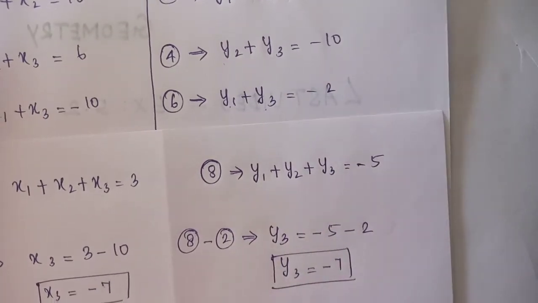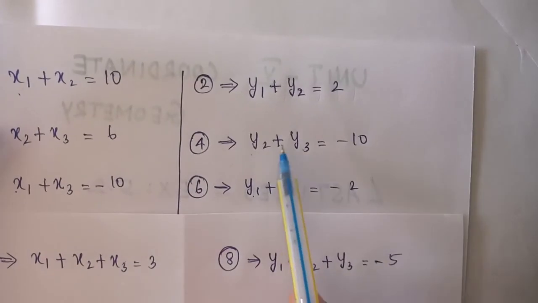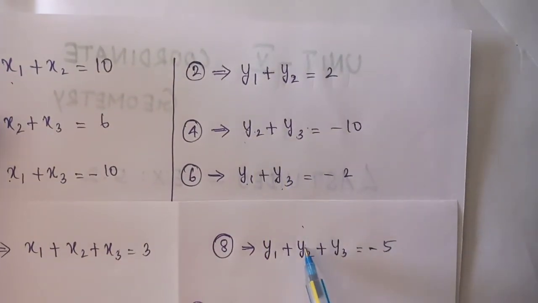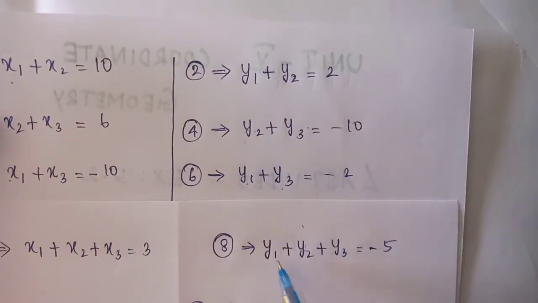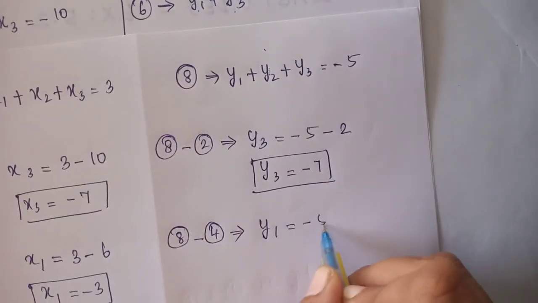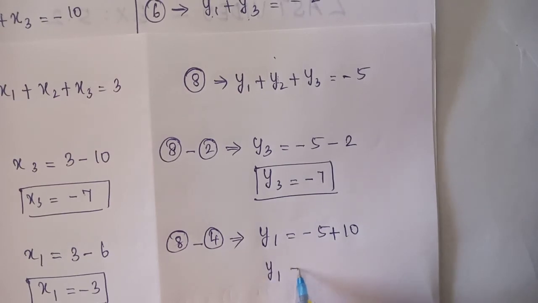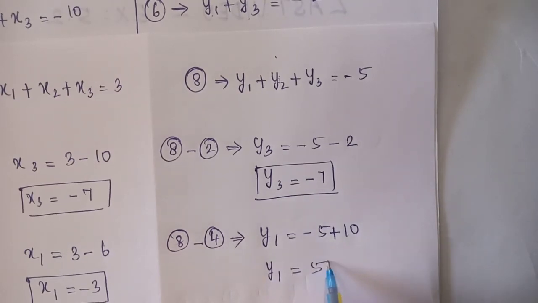Then equation 8 minus equation 4, where equation 4 is y2 plus y3. If you subtract this, y2 and y3 get cancelled, you get y1. So y1 is equal to minus 5 minus of minus 10. Minus into minus is plus 10. So the value of y1 is equal to 5.